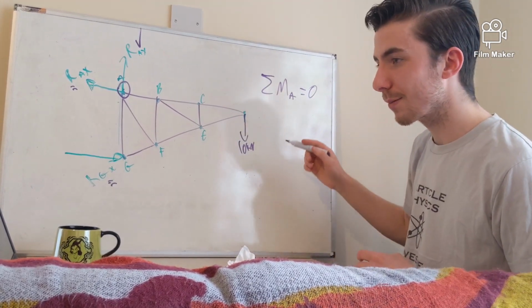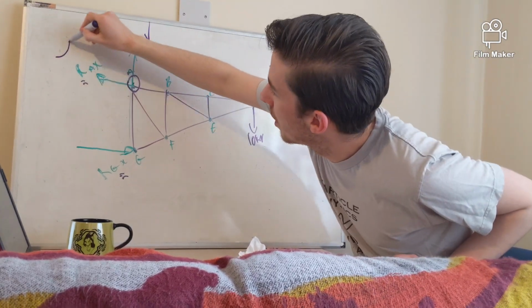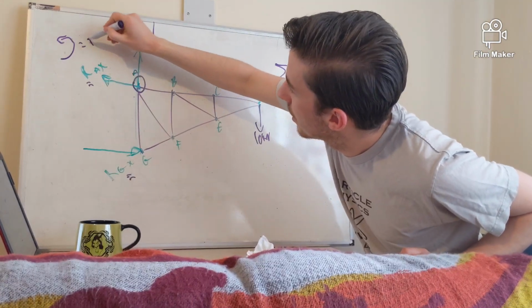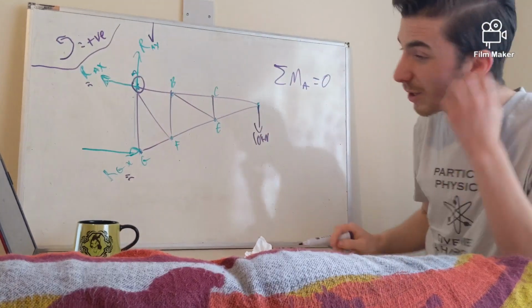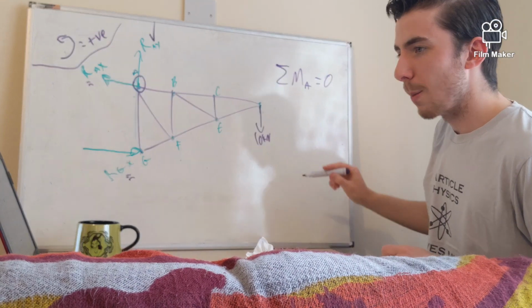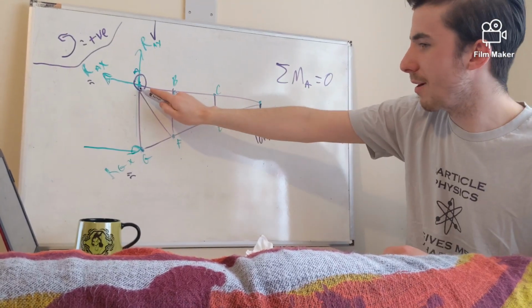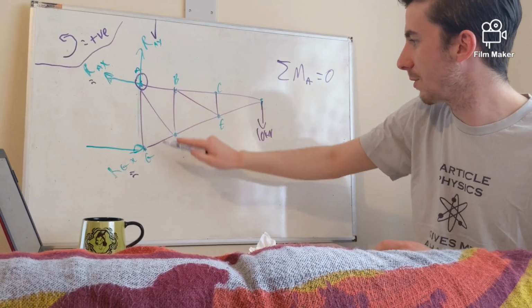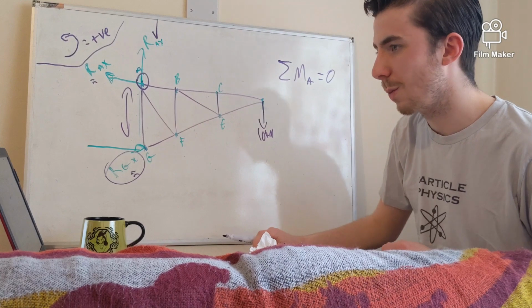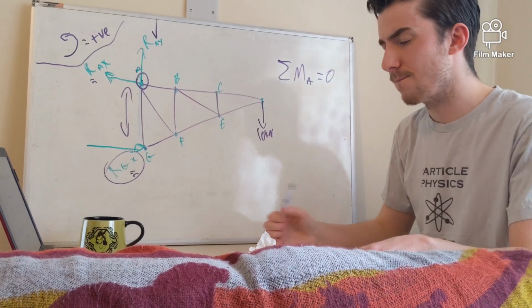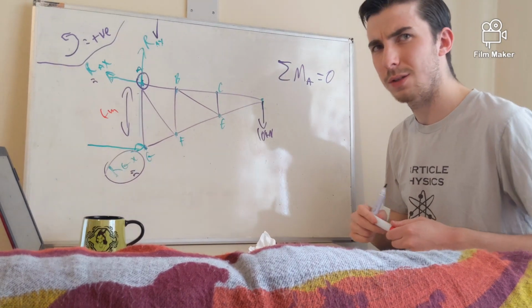So if we assume, I should always write this down, that anti-clockwise is positive. So anti-clockwise is positive. So what have we got acting away from A? Well, we've got two. We've got RGX, which is four meters away.